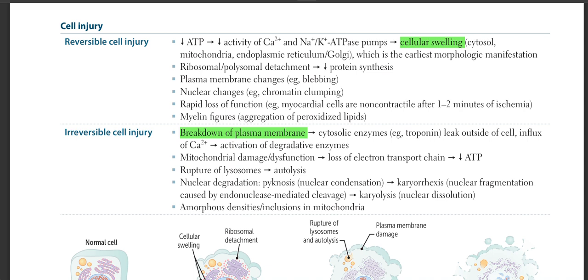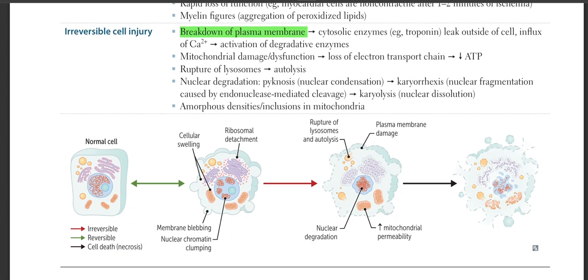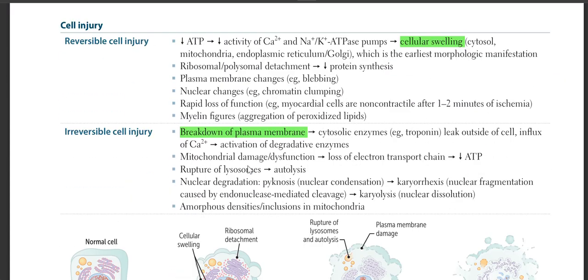After that, if it keeps on growing, you'll have bleb formations, small bubbles forming on the membrane. See, here they have these blebs.